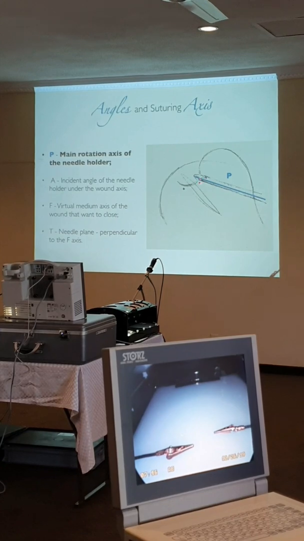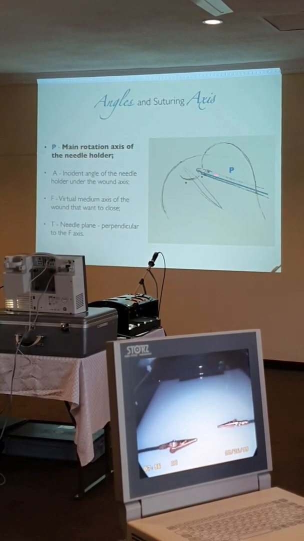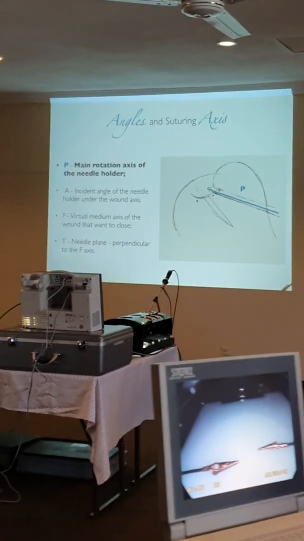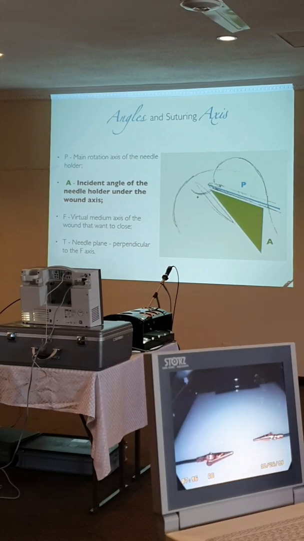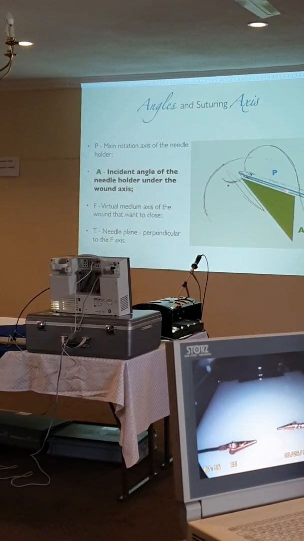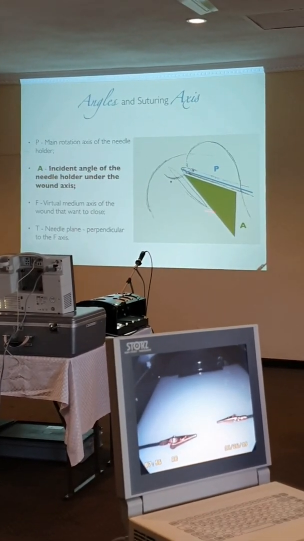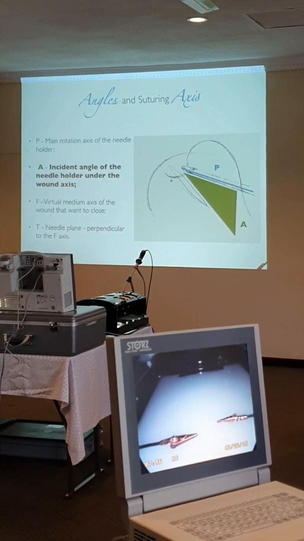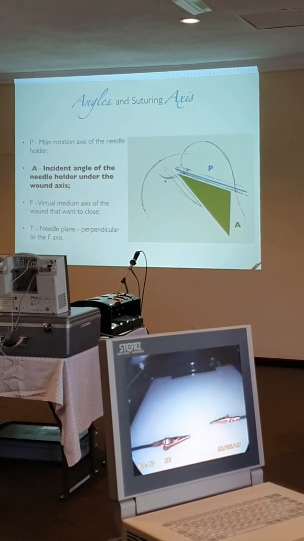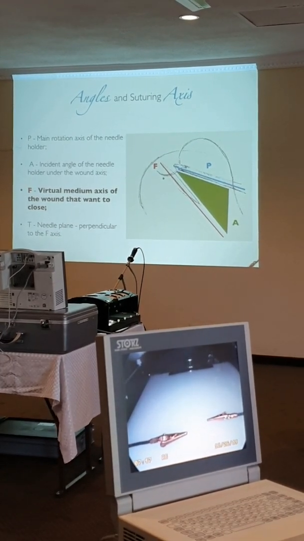The main is the P axis, here. You can look here, the P is the main rotation axis of the needle rotor. The P represents the needle rotor. In the simplest terms, when you put the P, here's the wand, the P incident angle of the needle rotor, under the wand axis, you create the A. And the virtual medium axis of the wand.